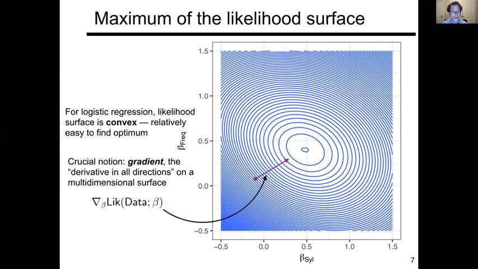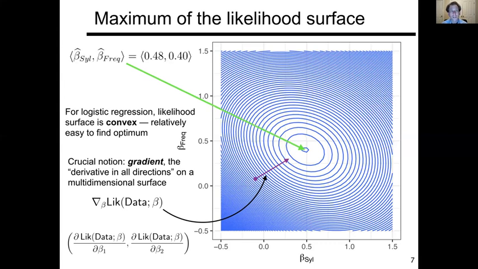We denote it with this upside down triangle. This is the gradient as a function of the model parameters beta of the likelihood of the data with respect to the model parameters. In this case, it has this form because there are two model parameters beta, so there are two parts to the gradient. And it turns out in this case that the maximum likelihood estimate is the values 0.48 and 0.4. So that is the maximum likelihood estimation.